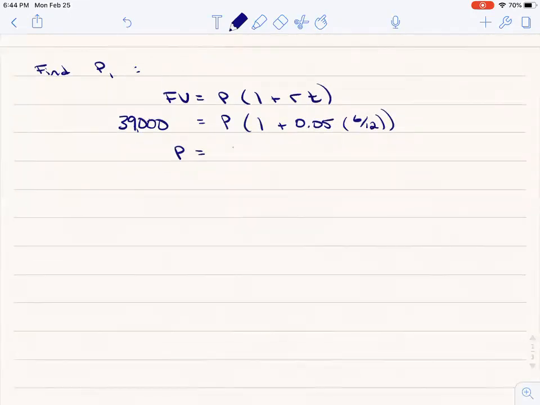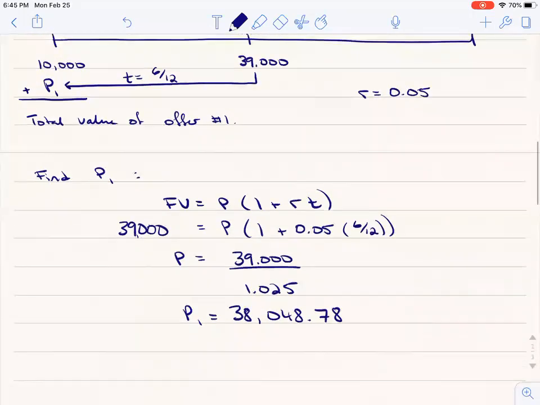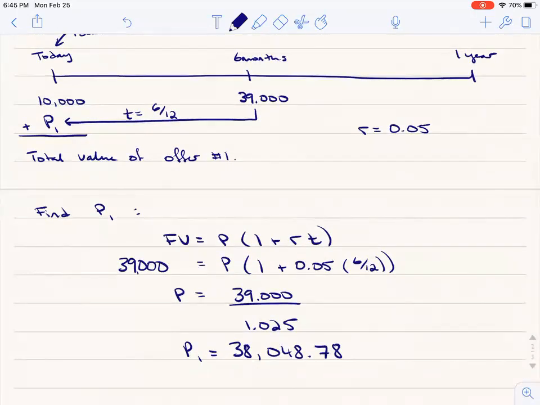P becomes 39,000 divided by 1.025. I'm cheating because I have them here. So P1 is $38,048.78. The idea then is that if you put in this $38,048.78 today and let it sit there for 6 months, it would have grown to 39,000.